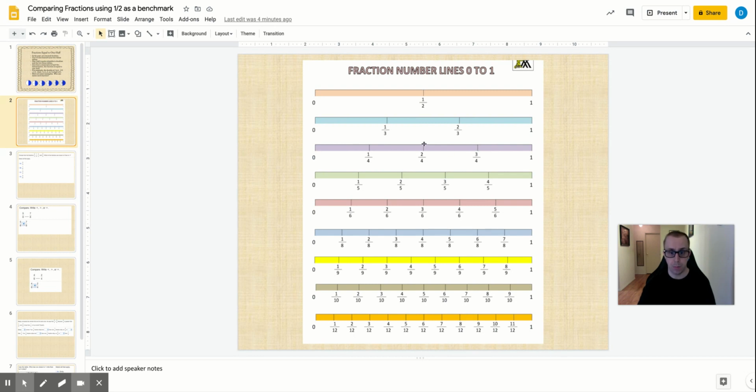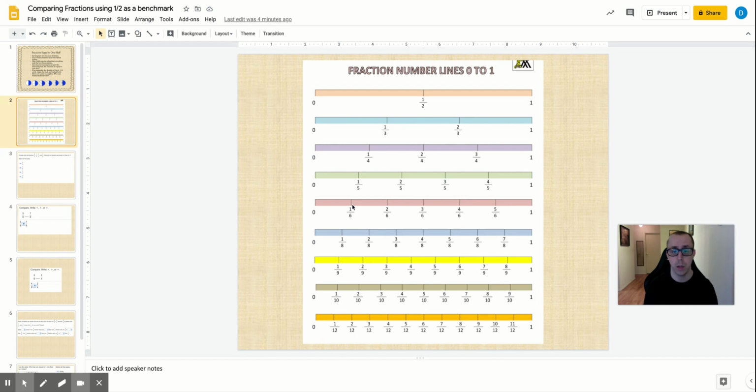Let's move down now to 3/6. We know that both 1/6 and 2/6 are less than 1/2 because 2/6 is less than 3/6. If it's 3/6, we have to know that 3/6 is 1/2, so 2/6 is less than that, and so 1/6 is less than that.